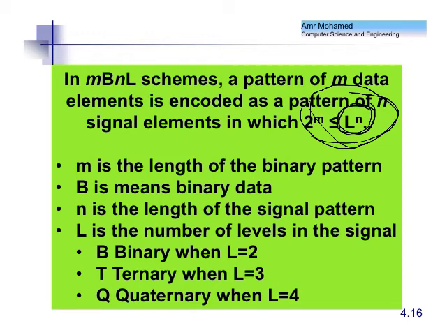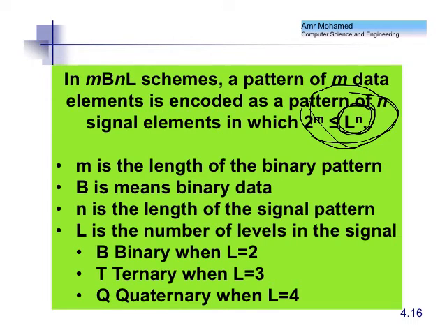So in general, we have a naming convention for this category of techniques: MBNL, where M here is a number. B is always there, and refers to binary, because the data that we are talking about here is always binary data.